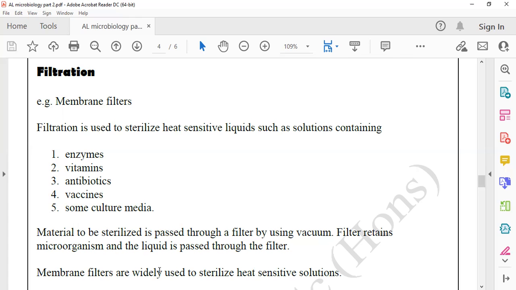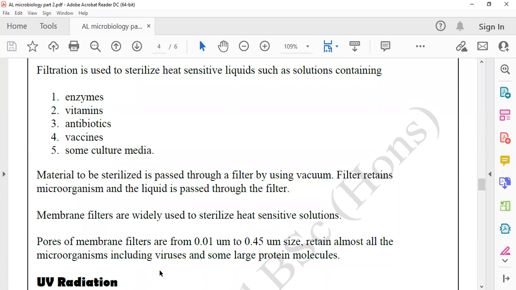We can't apply too much vacuum pull also, the filter will be breaking. A very soft filter cannot be used with high level pressure.